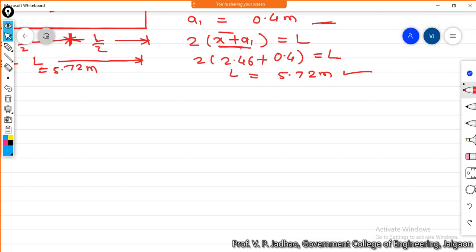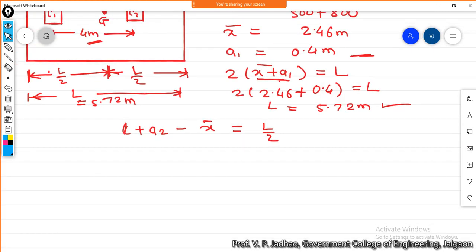Now again we can write another equation like this: small l plus a2 minus x bar is equal to capital L by 2. How is this equation obtained?